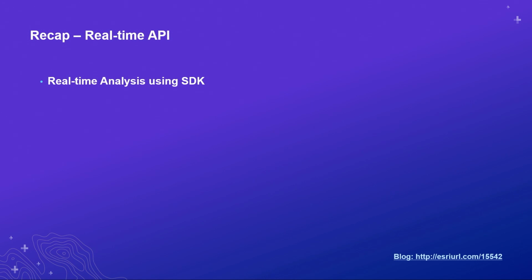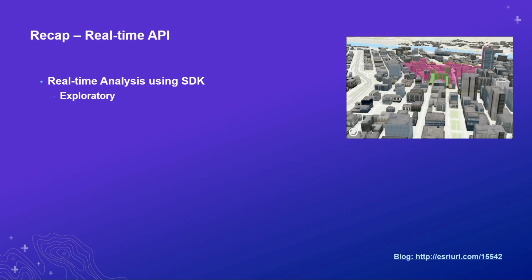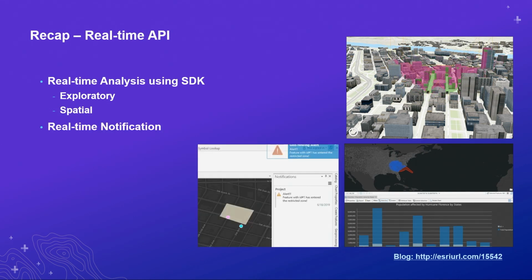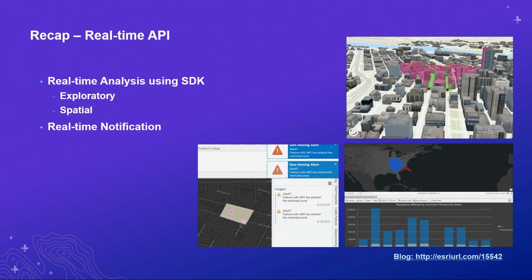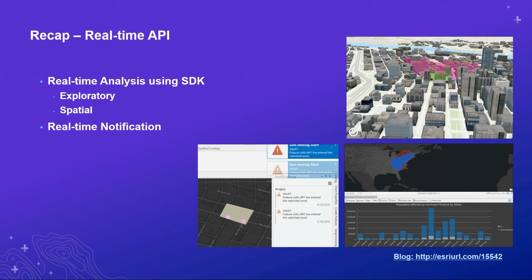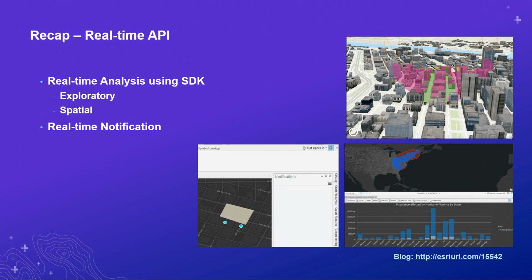You can do some exploratory analysis or perform very sophisticated spatial analysis by calling a geoprocessing tool or calling a Python script if you want to. And of course, you can use any .NET libraries, right?